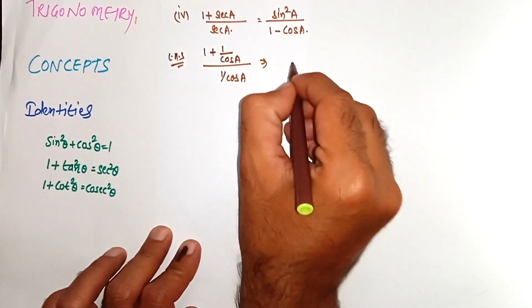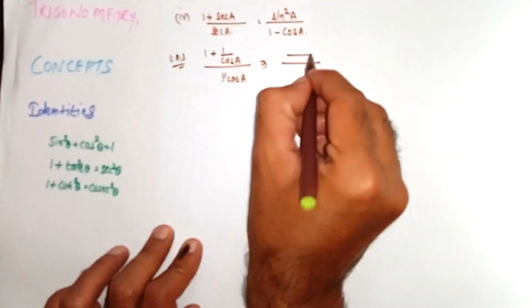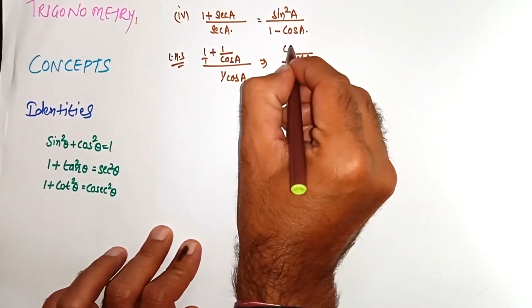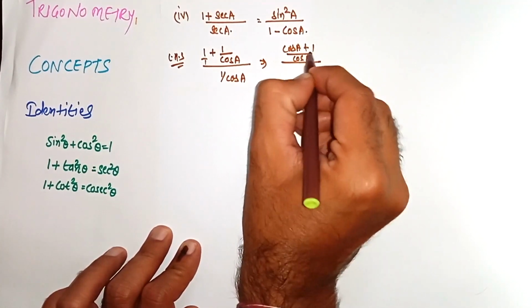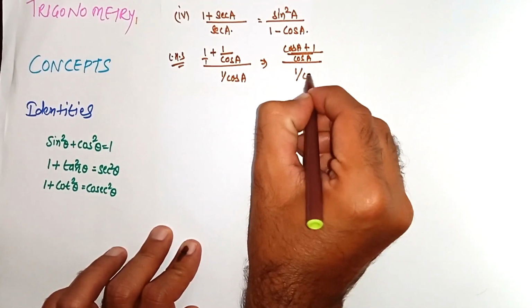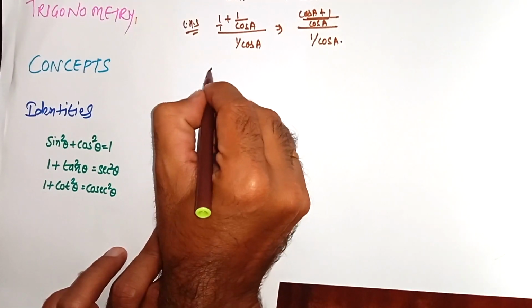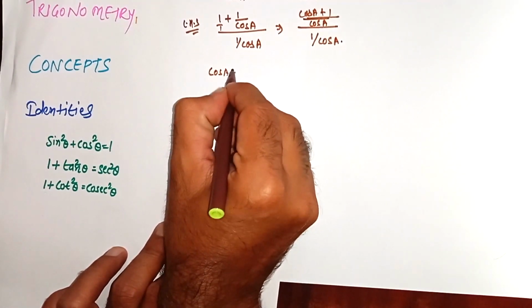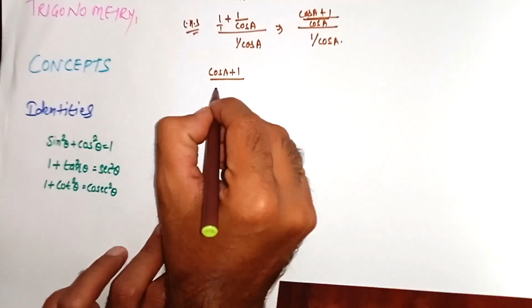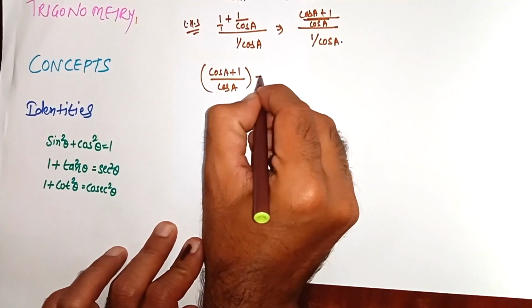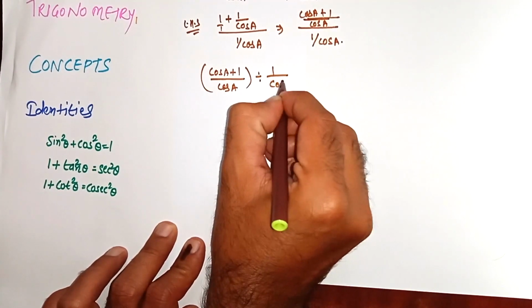So using this, taking the LCM, it will become cos a plus 1 over cos a, and right below it's 1 over cos a. Let's simplify it. It's cos a plus 1 over cos a divided by 1 over cos a.